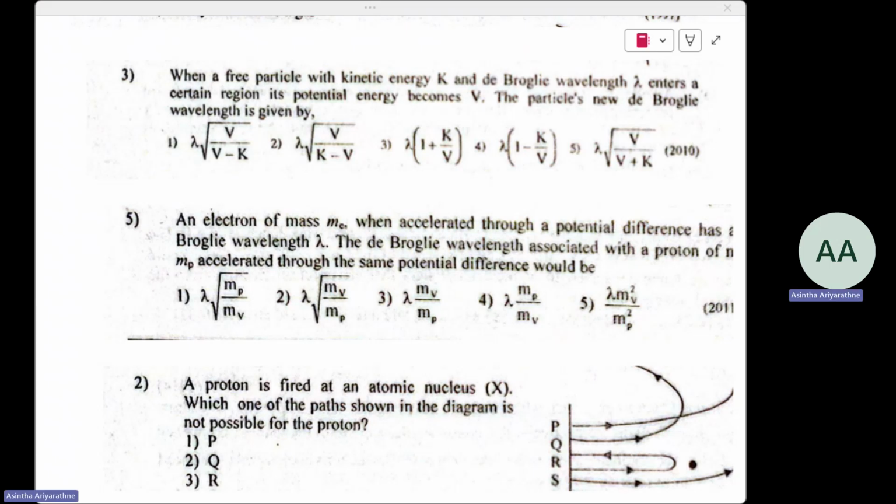So the total energy is equal to the potential energy plus the kinetic energy. So how to go about this one?